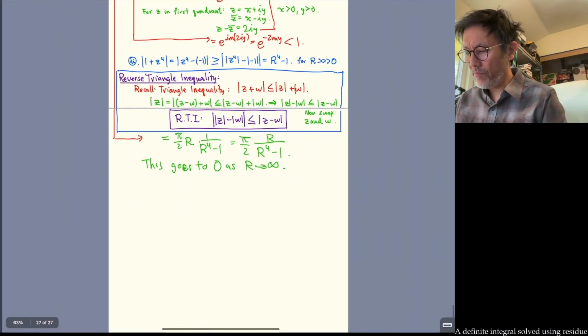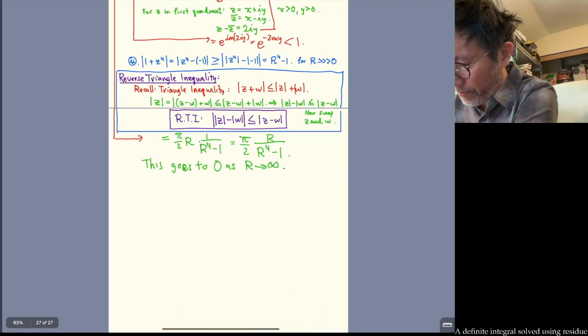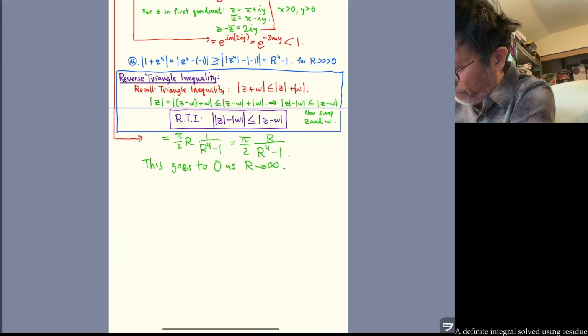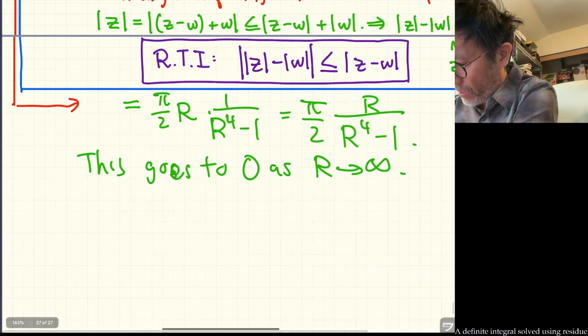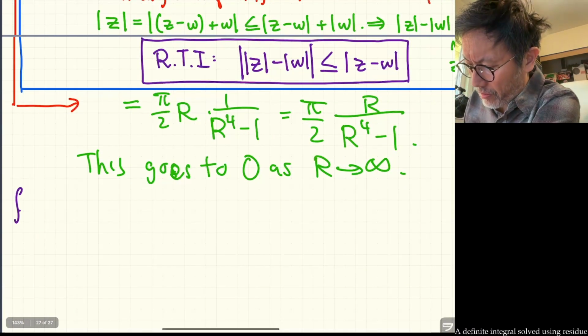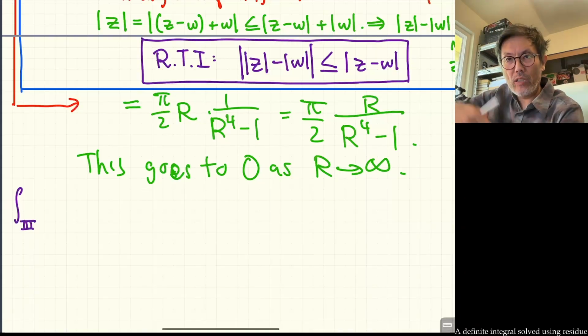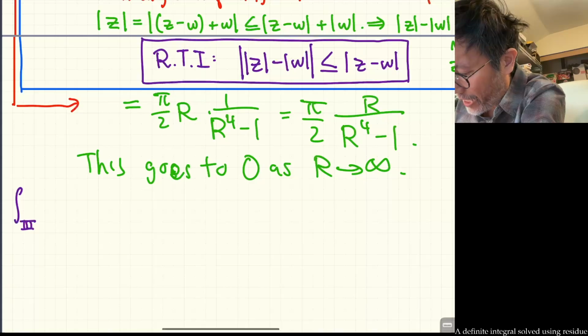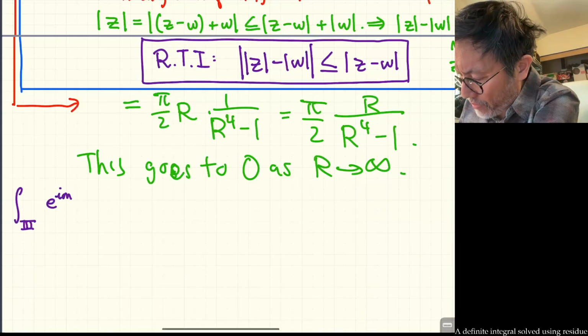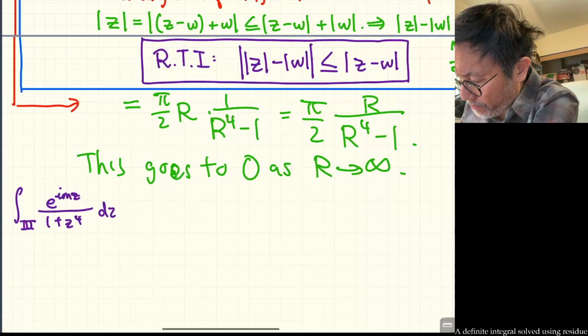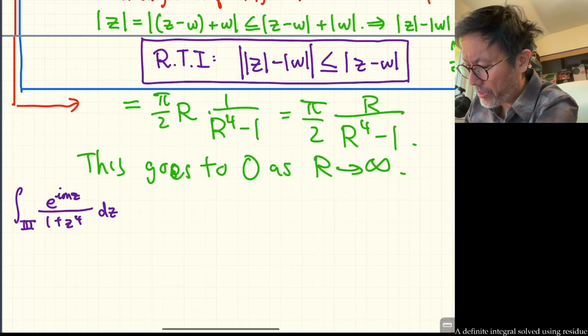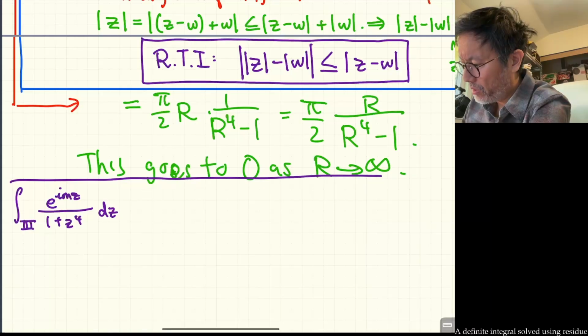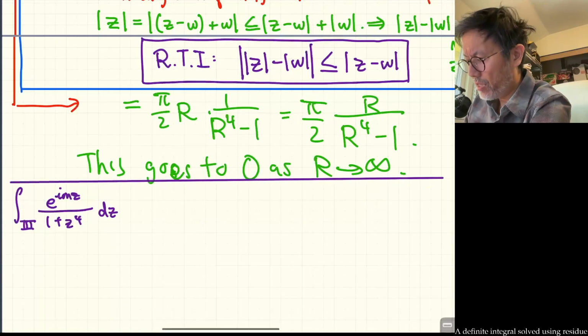Let's think about integral 3 for a second. So I want to think about the integral over curve 3. Remember, curve 3 is the one along the vertical, the imaginary axis, of e to the i m z divided by 1 plus z to the fourth dz. What can we say about this integral now?